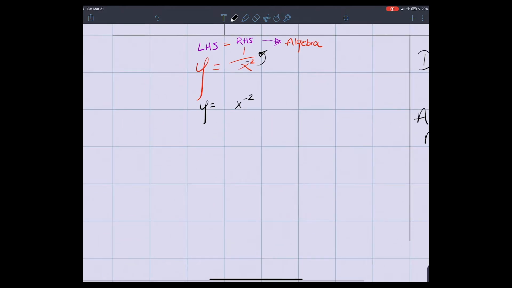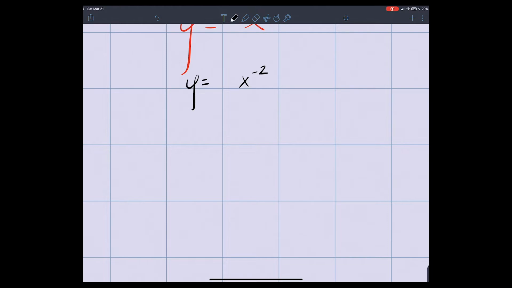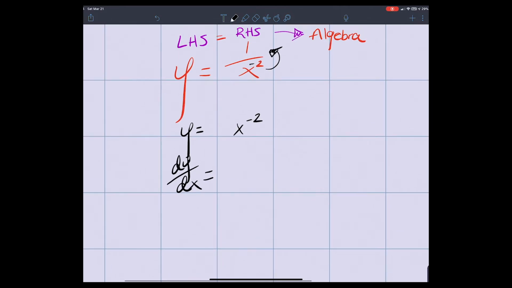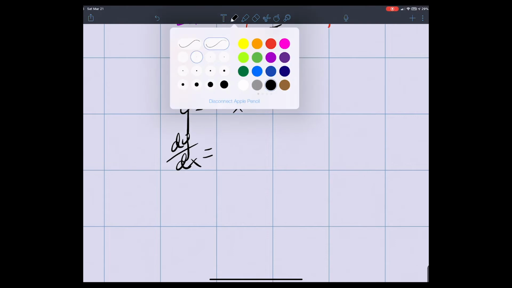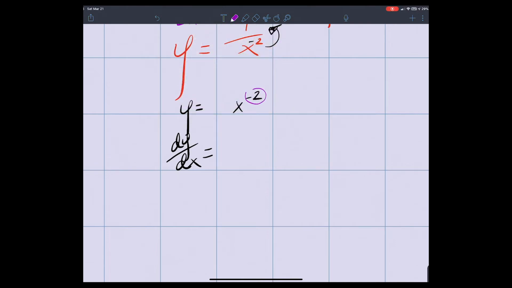Now we know that we can do dy/dx. This is the operation for doing a derivative. So just like we know x plus 1 or 2 minus 1, this is saying let's take the derivative. And what we're going to do, remember, is bring this to the front and then subtract 1.